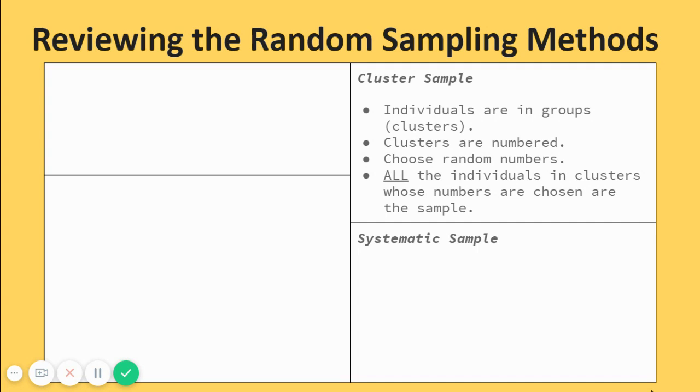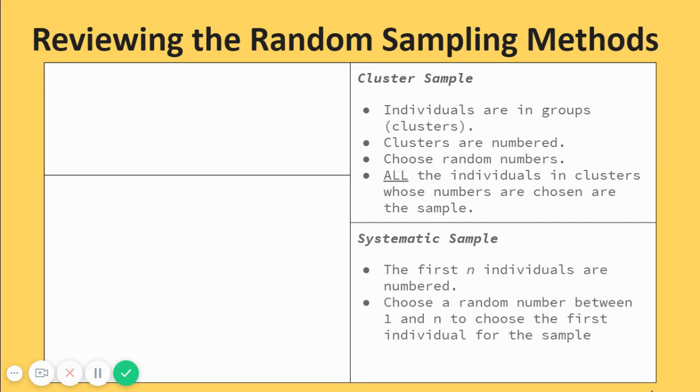In a systematic sample, we number off the first 10 or 20. How big a sample do we want? We choose a random number between 1 and 10 or 1 and 20. That identifies the first individual for the sample.